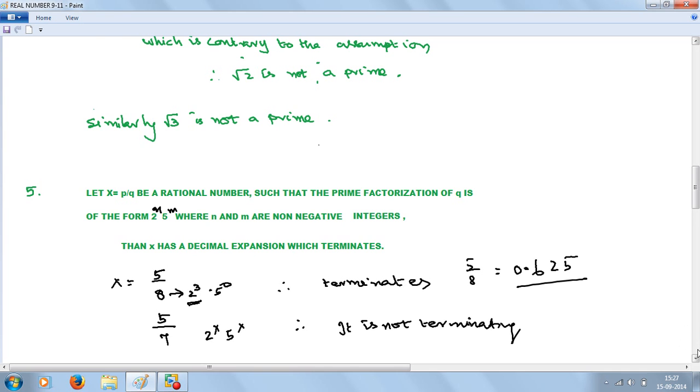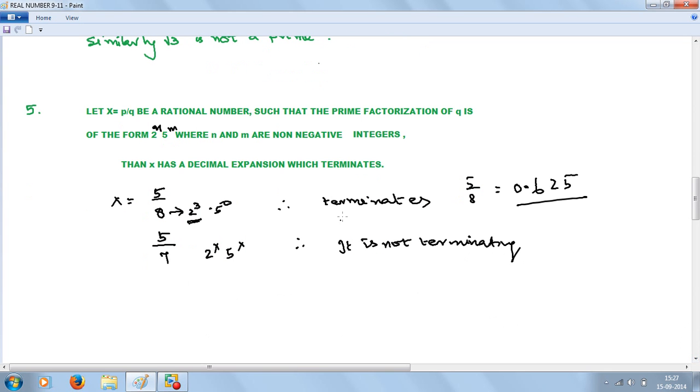What about the other case? 5 by 7. Let us divide it: 0.7, 7 sevens are 49, balance 1, 10. 1 seven is 7, balance 3, 30. 4 sevens are 28, balance 2, 20. 2 sevens are 14, balance 6, 60. 8 sevens are 56, balance 4, 40. 5 sevens are 35, balance 5, 50.